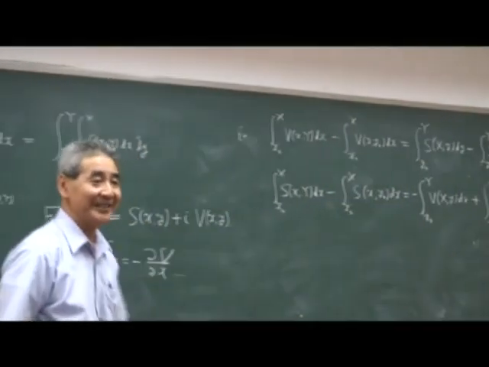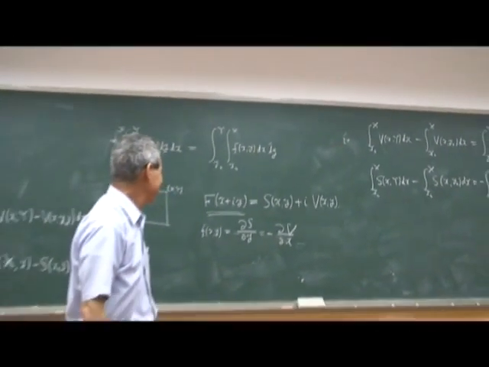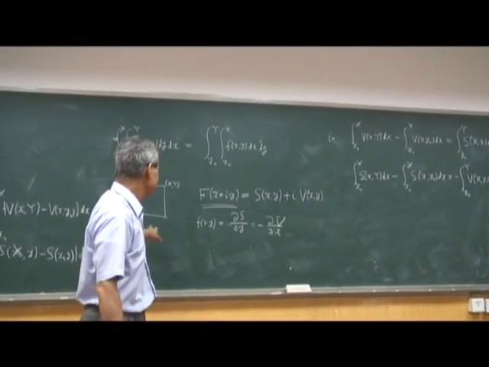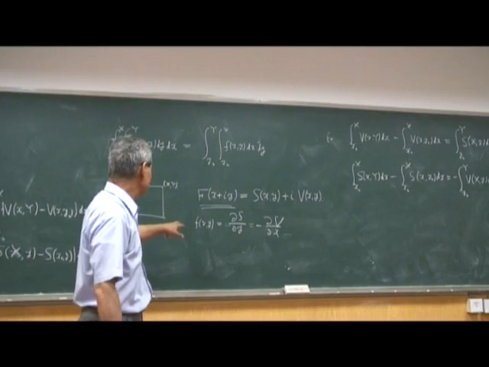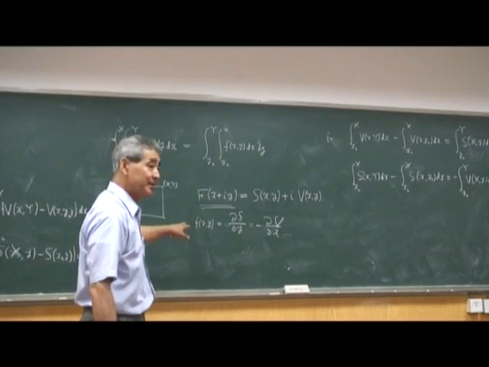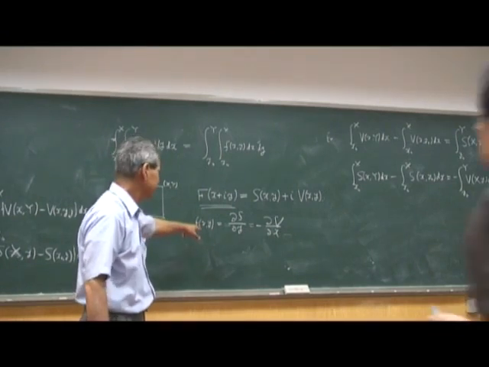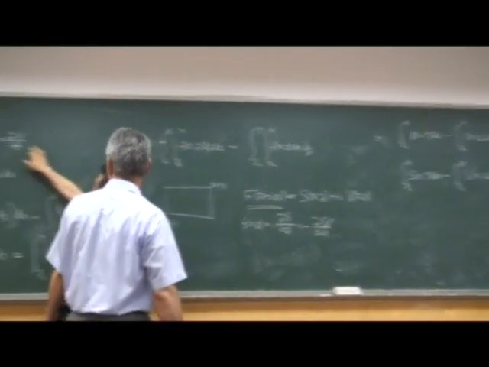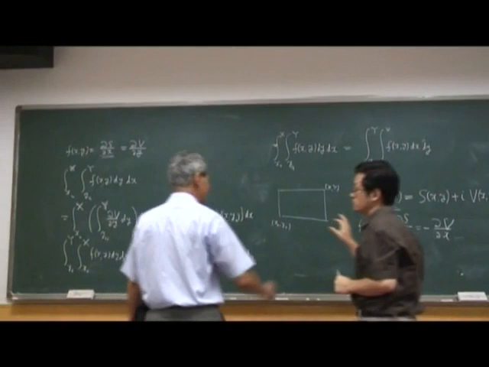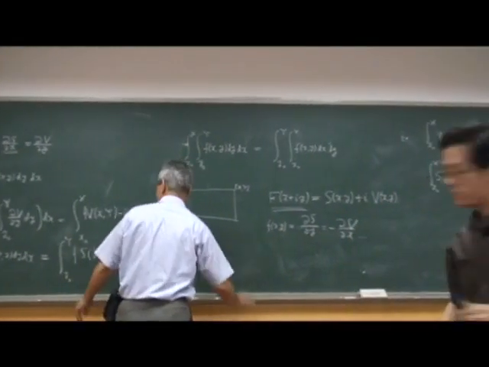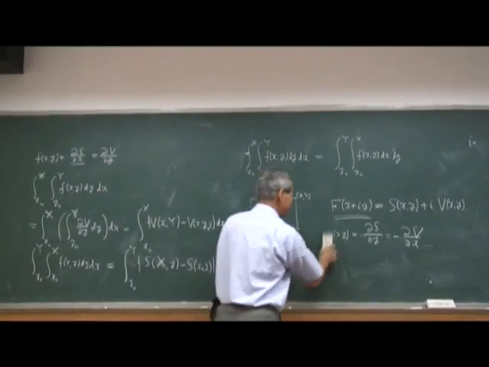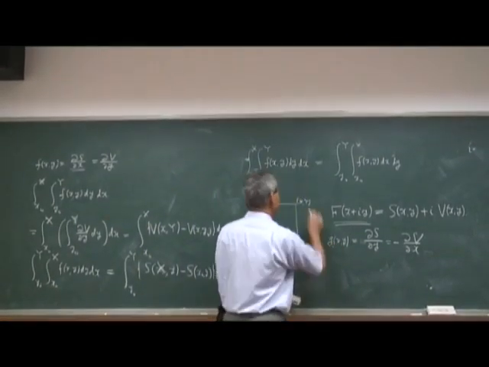This is the same small f(x,y). No, it's different, it's not possible. I'll choose a different one. So this is a different function, maybe f1, f2. No, maybe I like this one: g. Okay, now apply this formula.